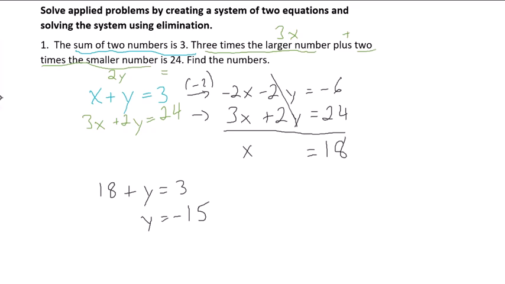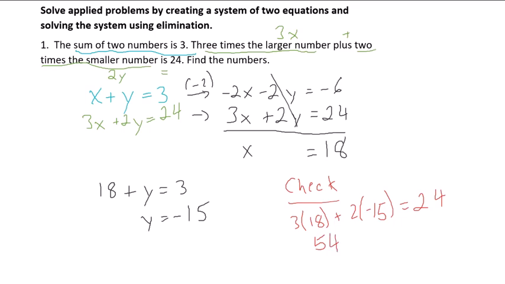And since we used the first equation to generate our y, let's check using the second equation. 3 times 18 plus 2 times negative 15 needs to equal 24. 3 times 18 gives us 54. 2 times negative 15 will give us a minus 30. And that does, in fact, equal 24. So larger number, smaller number. All right, let's look at our next example.